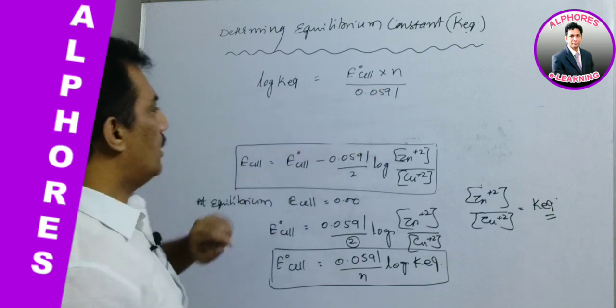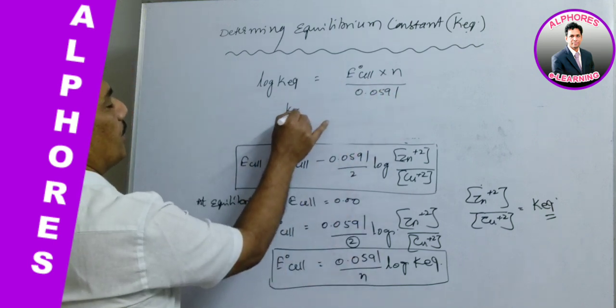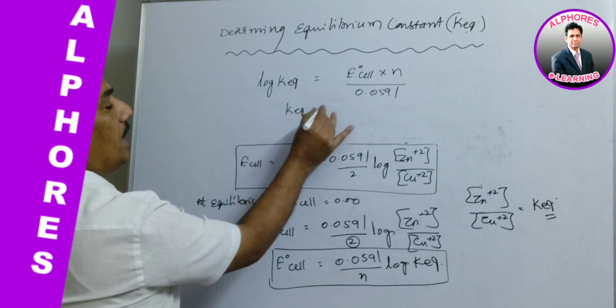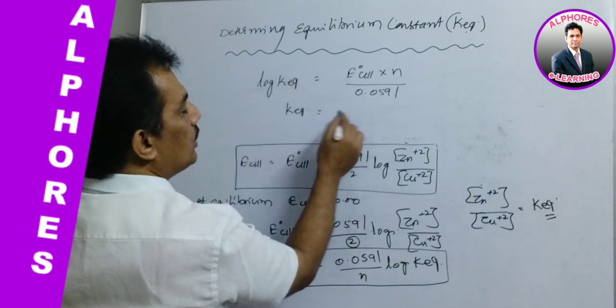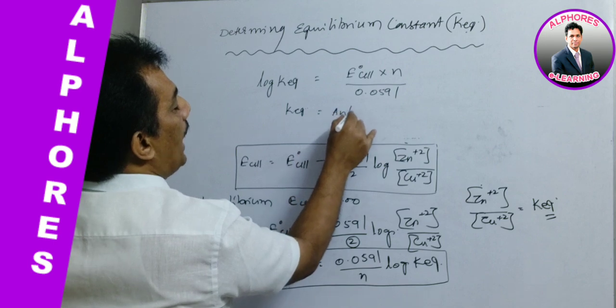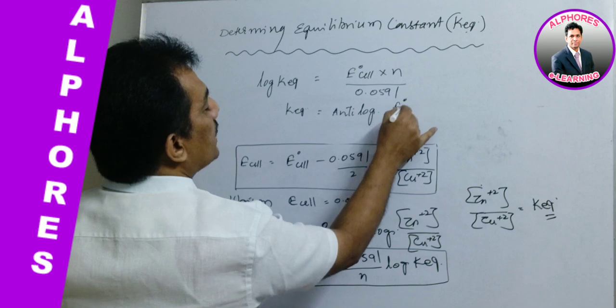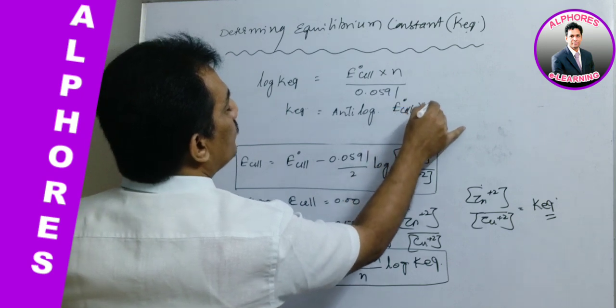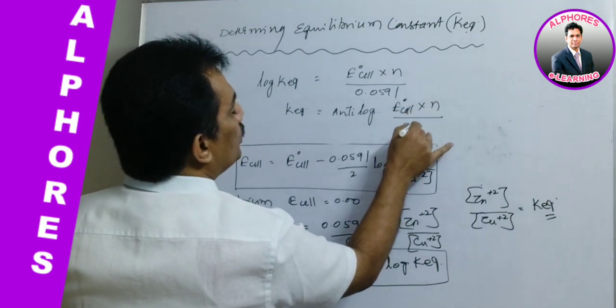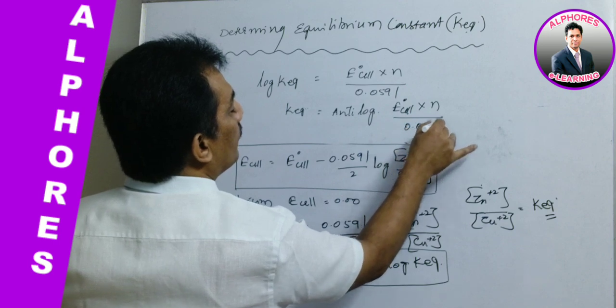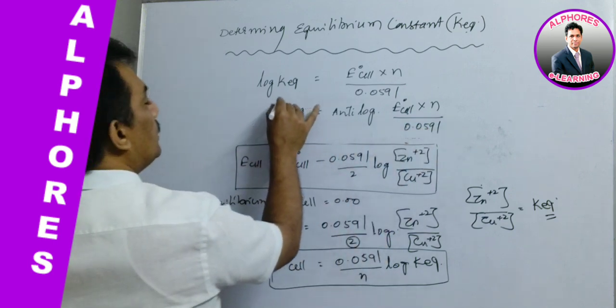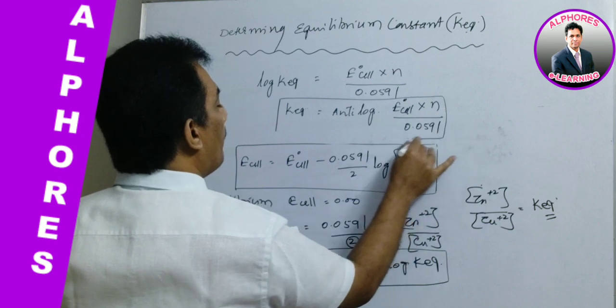We require only K equilibrium. Then when the log goes to this side, it is the anti-log of E naught cell into N by 0.0591. This is K equilibrium.